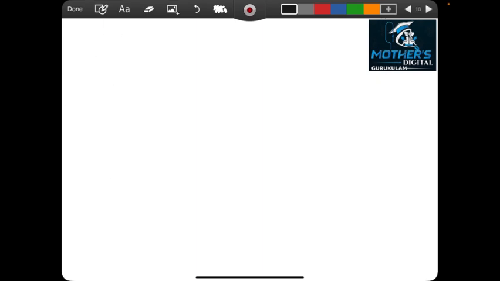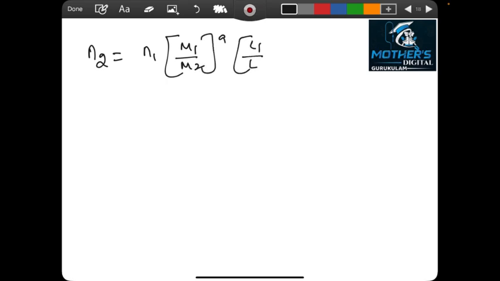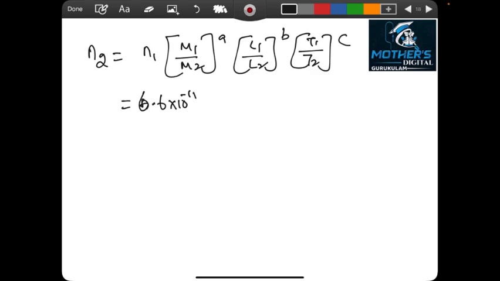The same way, substituting the values in the formula, N2 equals N1, M1 by M2 the whole power A, L1 by L2 the whole power B, T1 by T2 the whole power C. So N1 is 6.6 into 10 power minus 11.